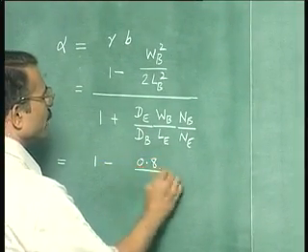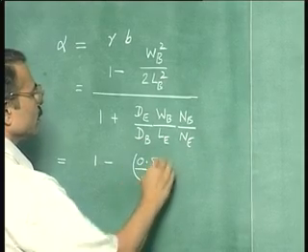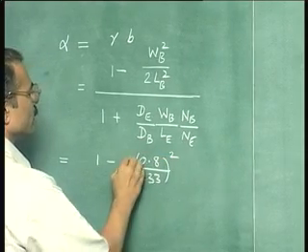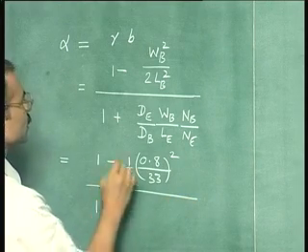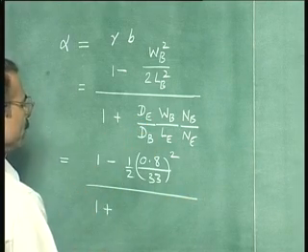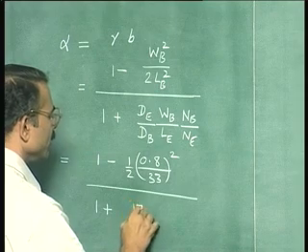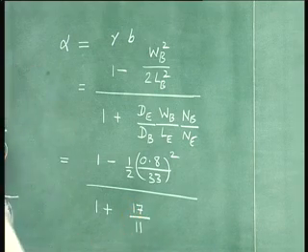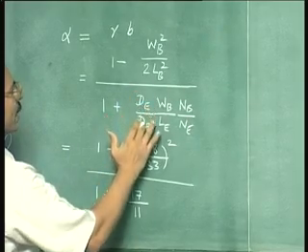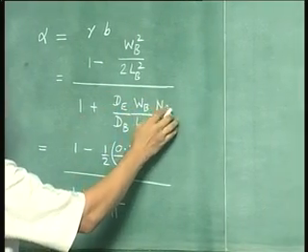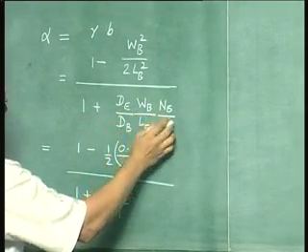Now we can substitute these values, and this can be written as 1 minus 0.8 by 33 square into half, divided by 1 plus dE by dB into WB by LE into NB by NE. dE is 17, dB is 11 centimeter square per second. So each of these terms, dE by dB, WB by LE and NB by NE, is dimensionless.